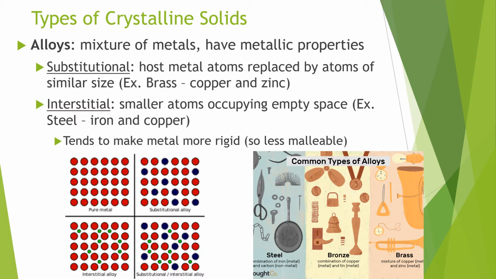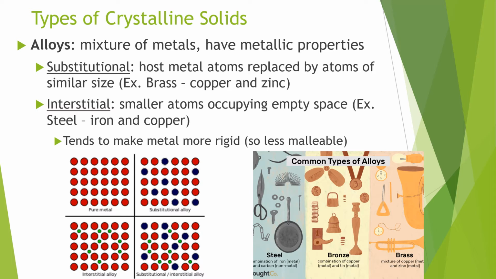Alloys are a type of metal solid. They're a mixture of metals, but they're going to have the same properties as our metallic solids we saw on our last slide. So there are two types of alloys. There is one called substitutional, which is where your host metal is replaced by atoms of similar size.